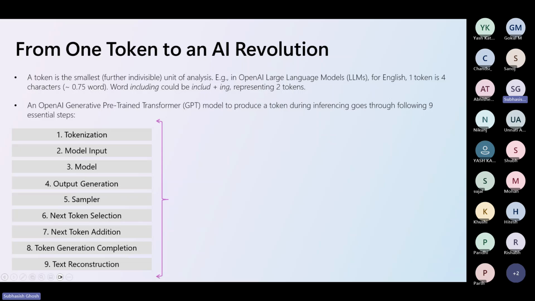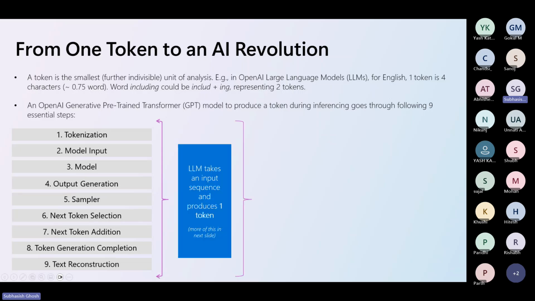This is very important, because what I explained in these 9 steps, put in a very simple format, is that a large language model takes an entire input sequence and produces a single token. That token is then added back to the sequence, and the model starts all over again to produce another token.